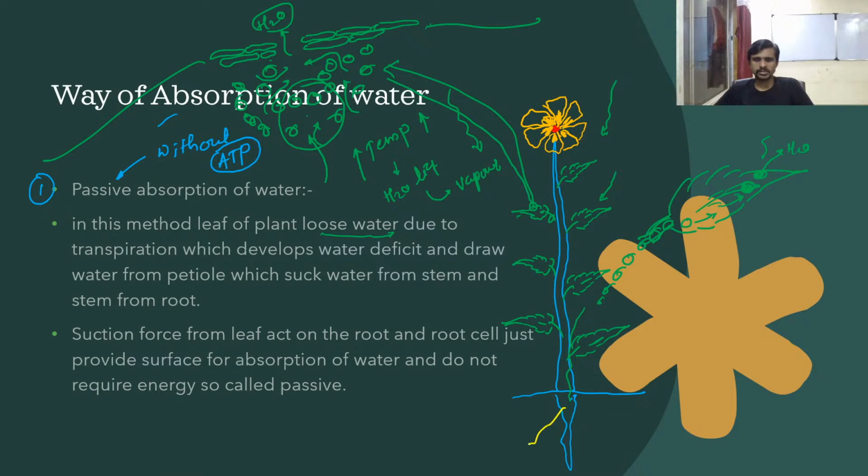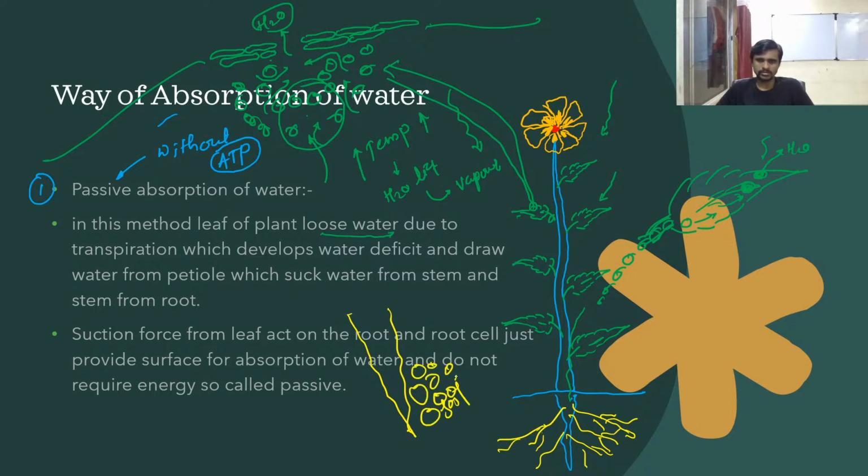Okay, so here is the root system of a plant. So this suction pressure slowly moves toward the root of a plant, and that's why this suction pressure comes to the root, and here is a root. Okay, and this is the soil at the side of the root.